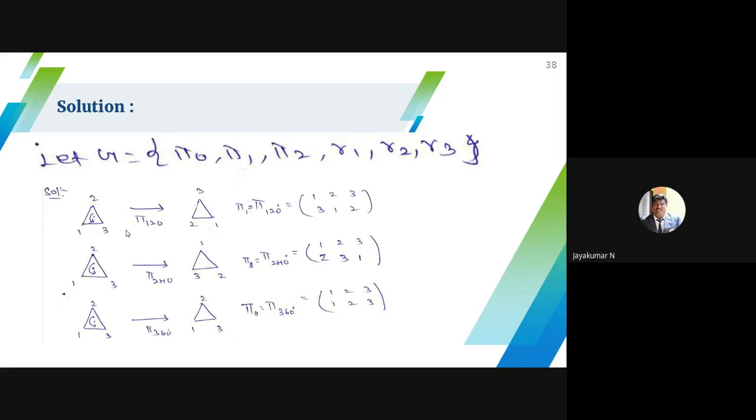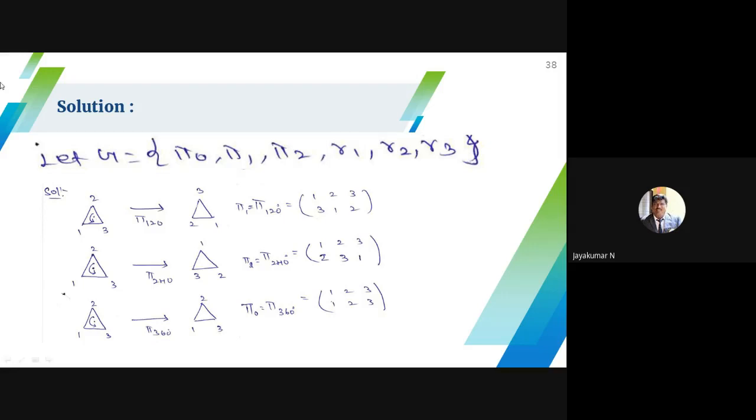Then you apply any motion on the equilateral triangle, then try to fit it again in that space. If it fits, that motion is called a rigid motion. Here, two such motions exist: one is rotation, another one is reflection or flip.